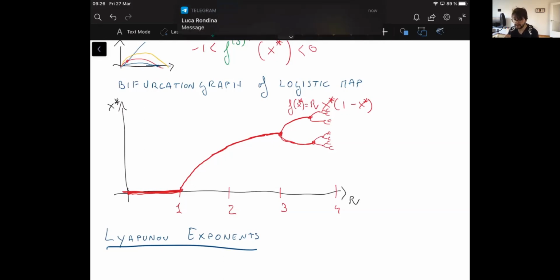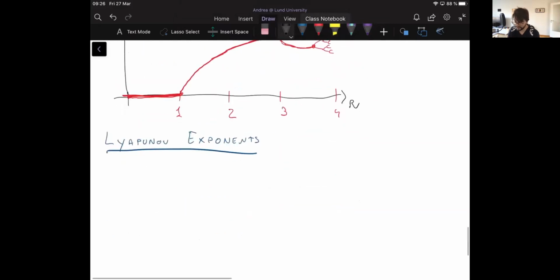We cannot predict in any way the properties of a chaotic system. Well, sorry, I'm now distracted by the fact that this notation starts to appear, and I put in the settings of the iPad not to show notations, but okay.